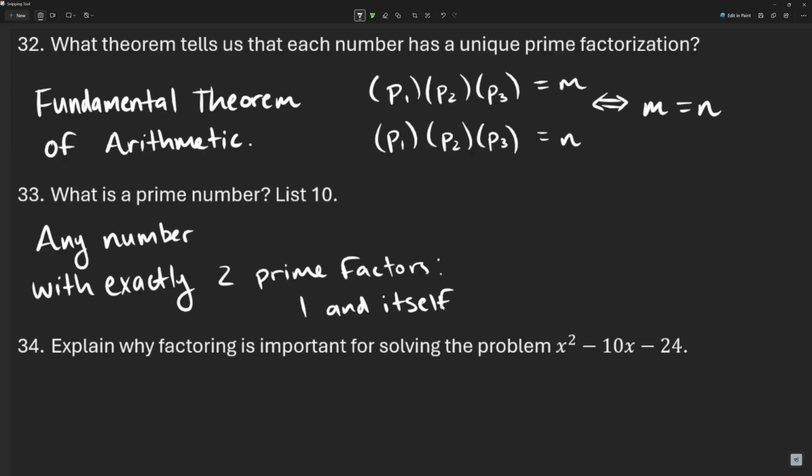In fact, this definition is kind of interesting because you learn that 1 is not prime. Kind of fun, kind of interesting result.